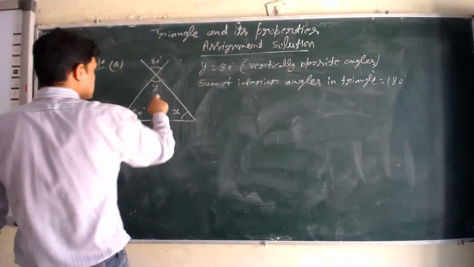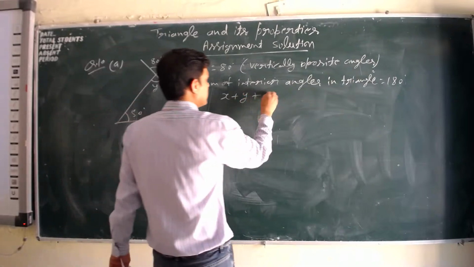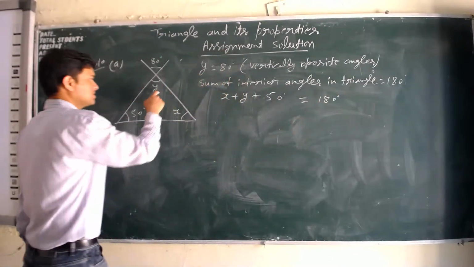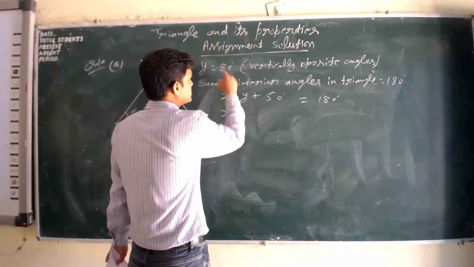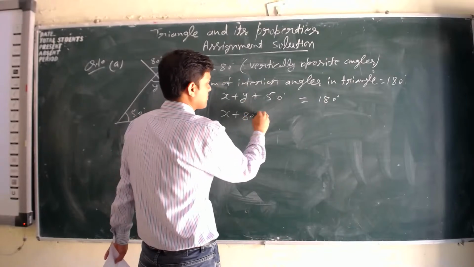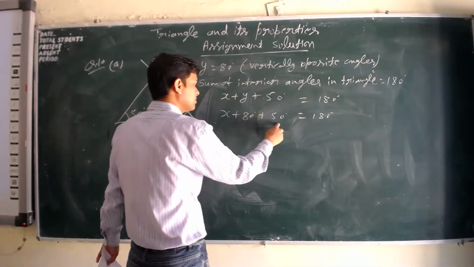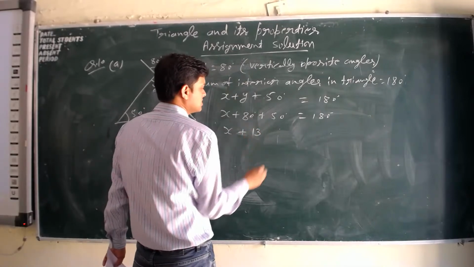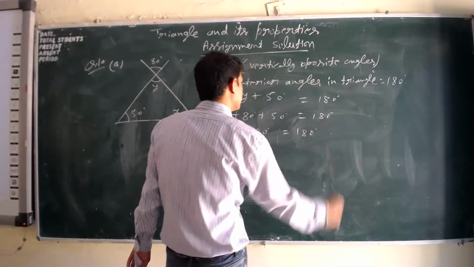Now the sum of these three, x plus y plus 50, is equal to 180. Now the value of y is equal to 80. So x plus 80 plus 50 is equal to 180. Now the sum of these two is equal to 130 degree.